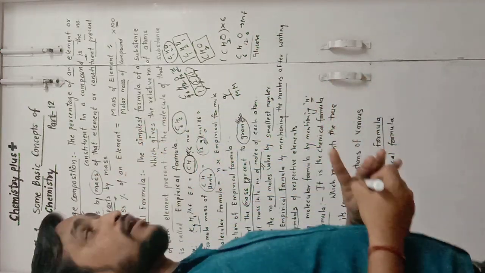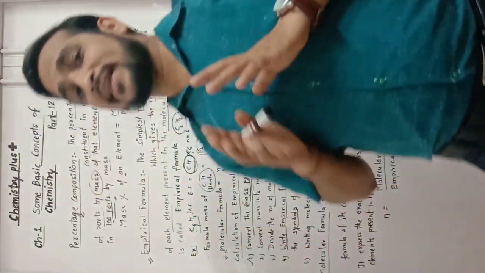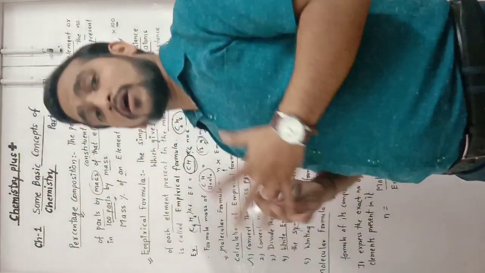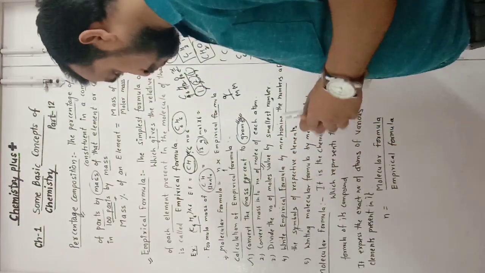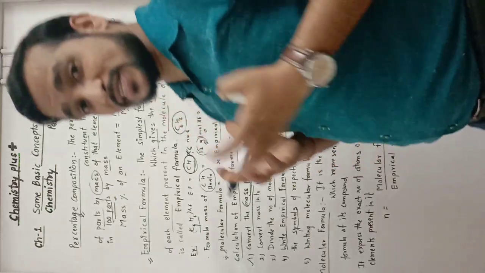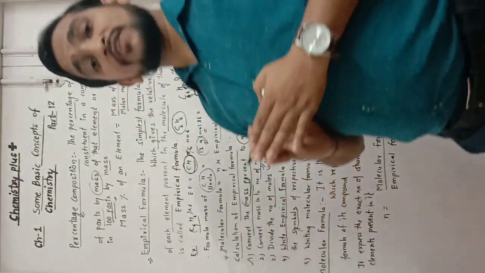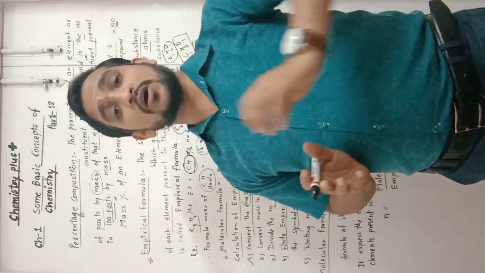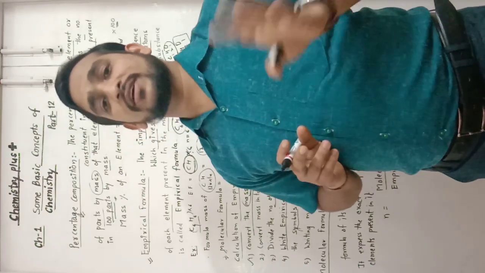So this is how we can find the empirical formula, and by finding the empirical formula we can easily find the molecular formula of any given compound if the mass percentage is given to us. The molecular formula, as I told you, represents the true value of any compound. The empirical formula represents only the number of elements present in a fixed ratio.